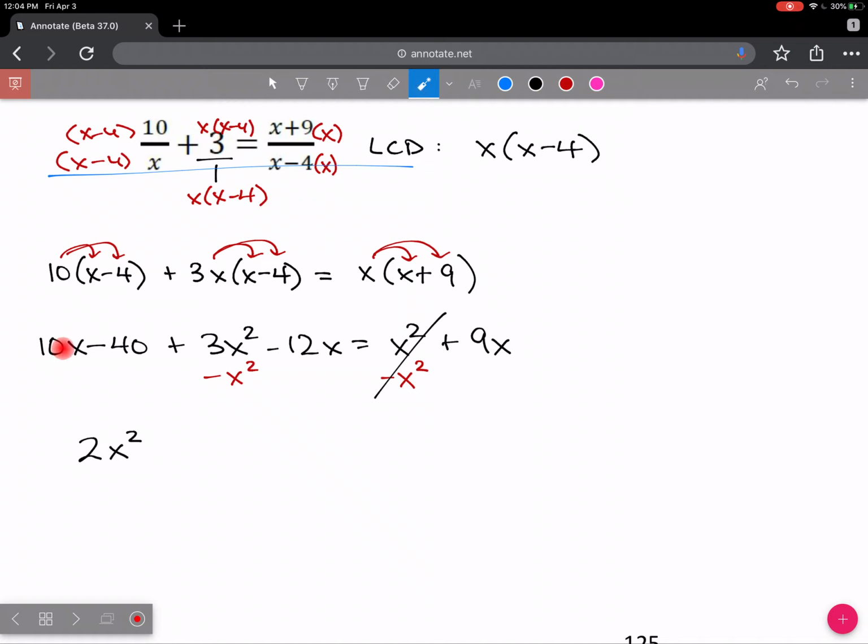I'll put these two together, 10x and negative 12x for negative 2x. And I got that minus 40 still there, and I got that 9x still there. Alright, and then I just need to bring this 9x over. So I'm going to subtract 9x on both sides.